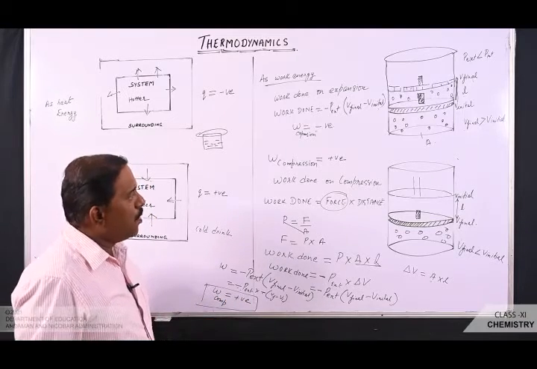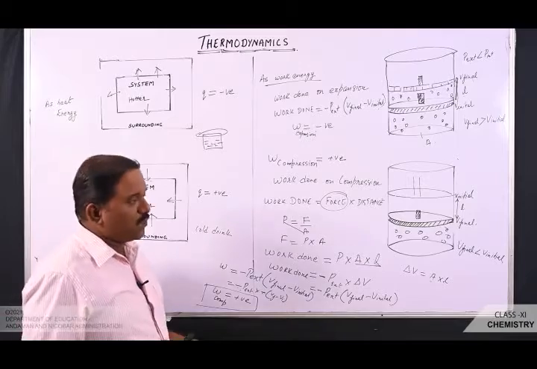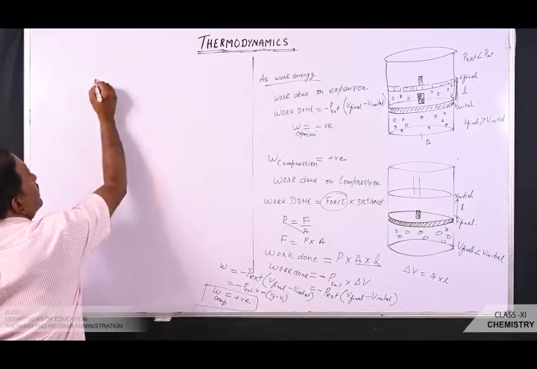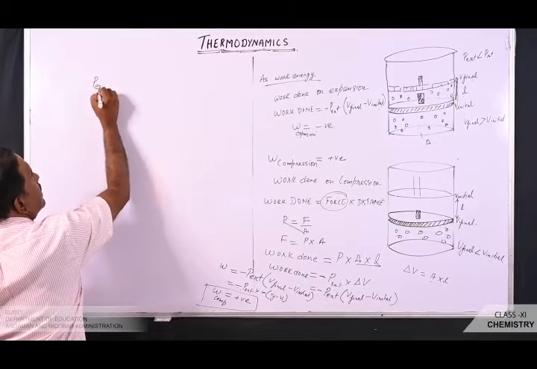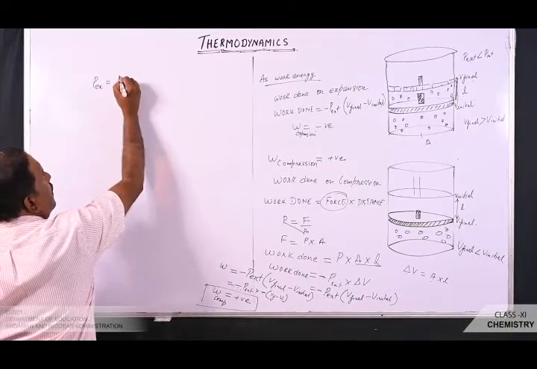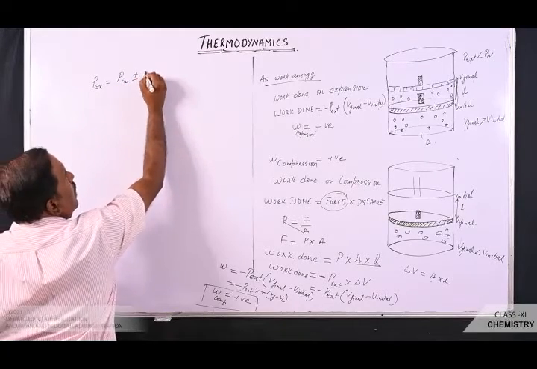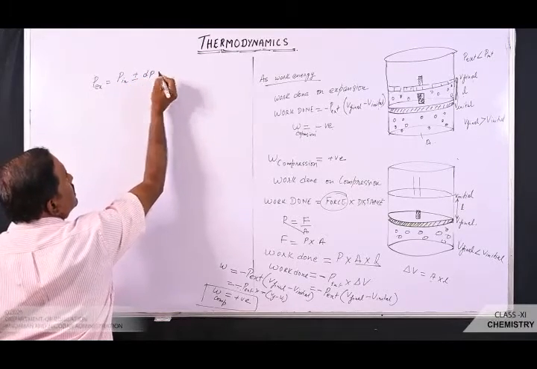Okay, students. Now, we will see what is reversible work. So, students, for the case of compression, P external can be written as P internal plus or minus dP, that is a small change in pressure.